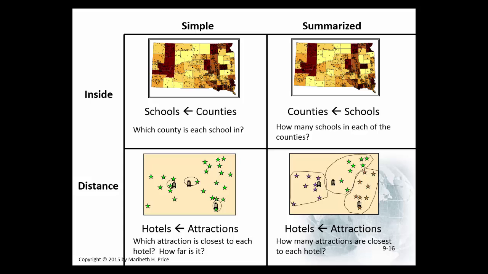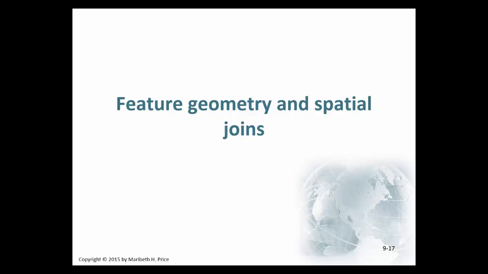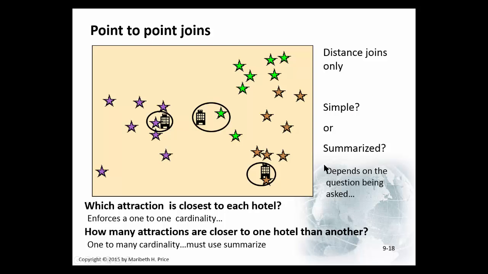Summarized joins are used when the one-to-many relationship exists. The available join types will depend in part on the geometry of the features being joined. Points to points, the inside join cannot apply, leaving two available options: simple distance and summarized distance.